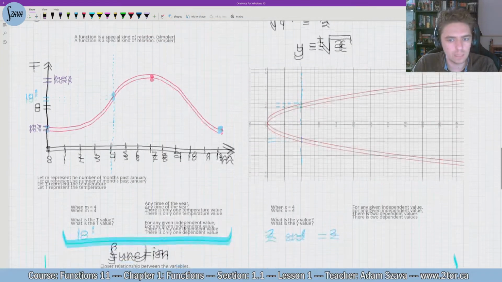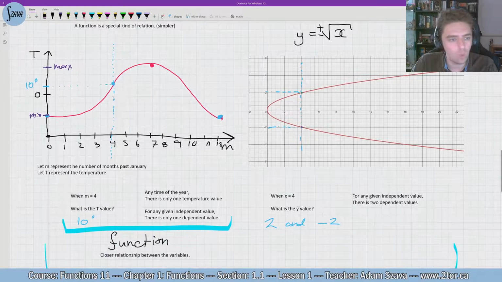So corresponds means the corresponding y value to this x value is whatever. So like the corresponding temperature to time equals 4 is 10. I mean, the corresponding y value to this x value is the y value when we're looking at that line on the x-axis. This line here, right?